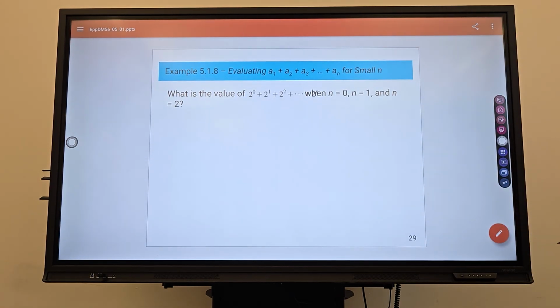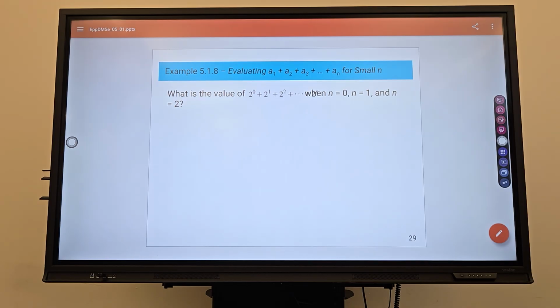What is the value of 2 to the 0 plus 2 to the 1 plus 2 to the 2, etc., for 2 to the n when n equals 0, n equals 1, and n equals 2? Well, it'd be 1, 3, and 7.